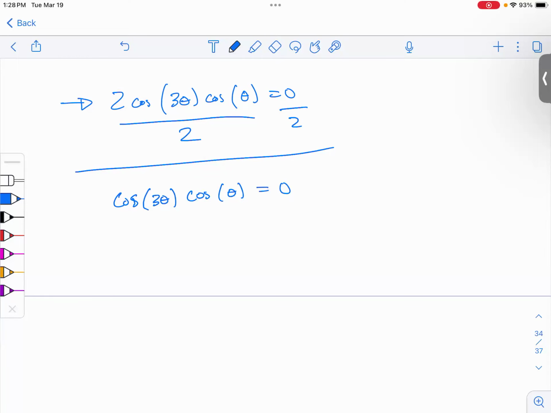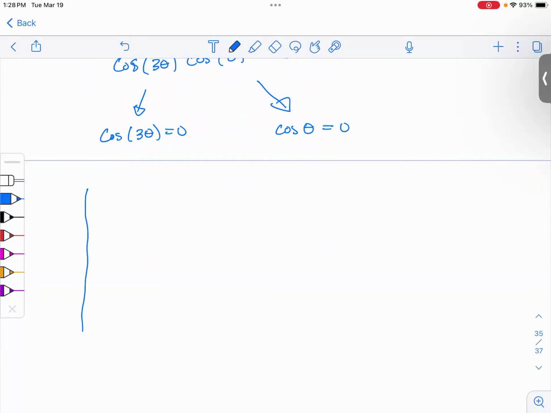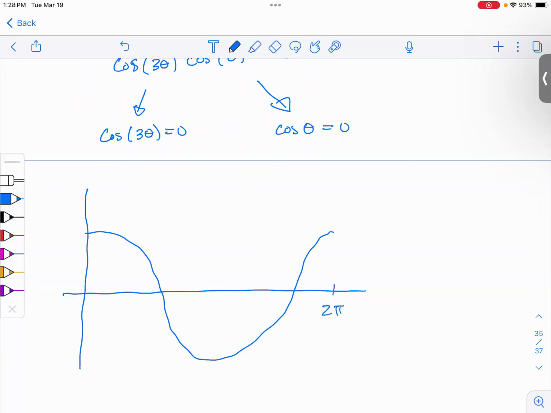So I know I can once again use the zero product property. And we've already done this one too.